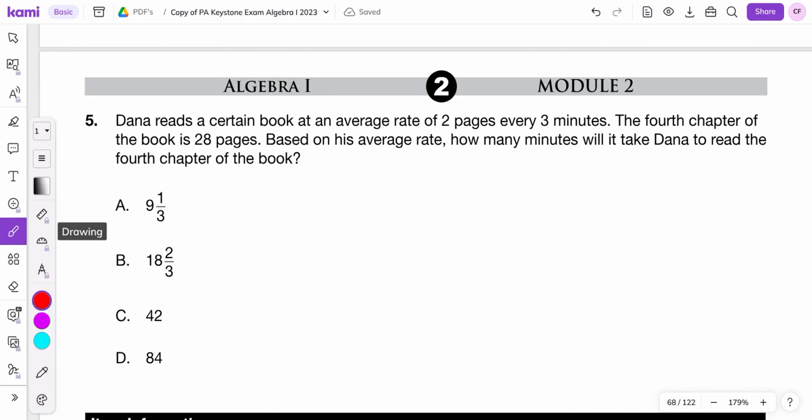Here we can set up a cross product of two ratios.